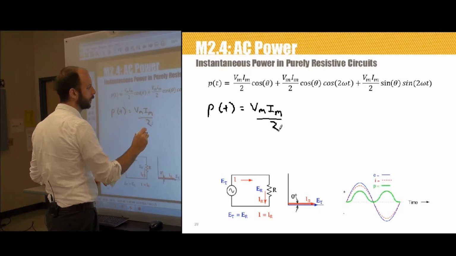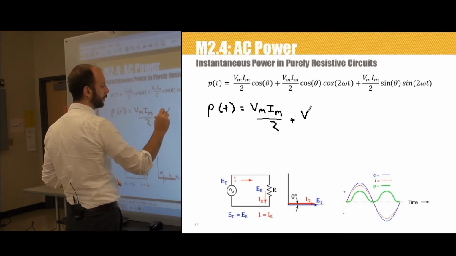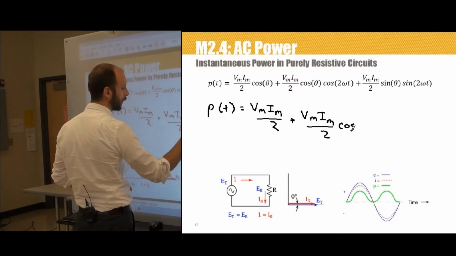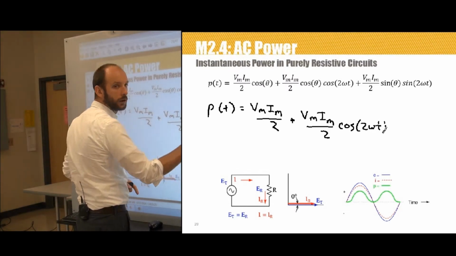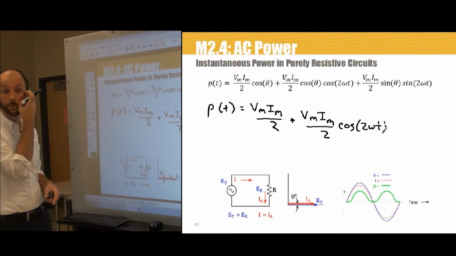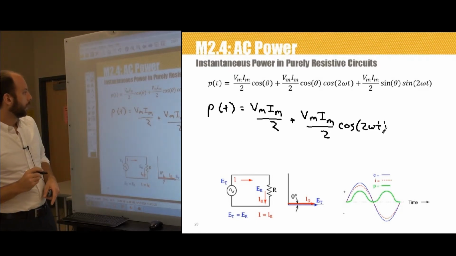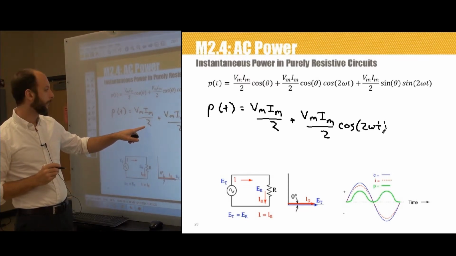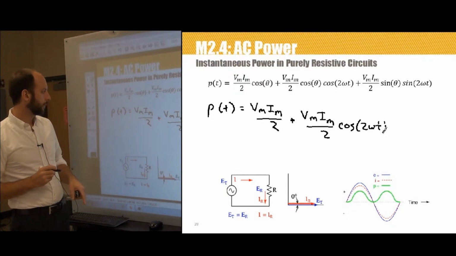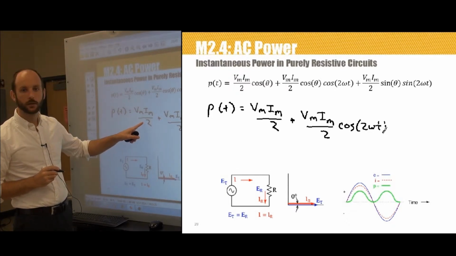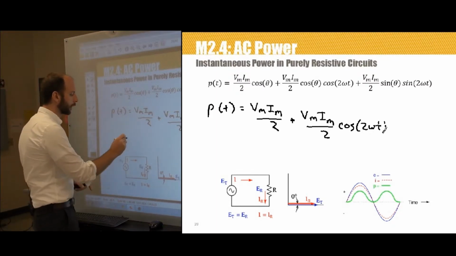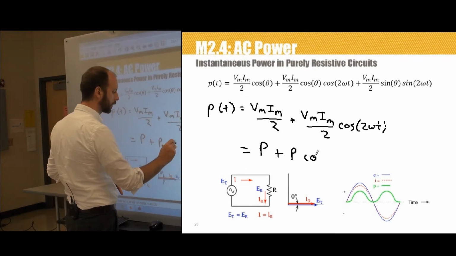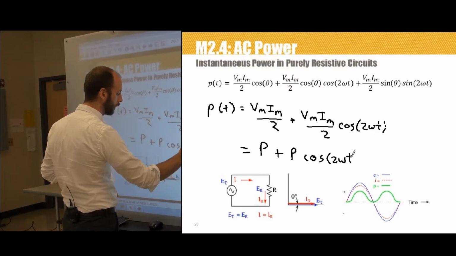So for a resistive circuit, p of t is just going to be Vmax Imax over 2 plus Vmax Imax over 2 cosine of 2 omega t. For this purely resistive circuit, we could say that that is then equal to P plus P cosine of 2 omega t.